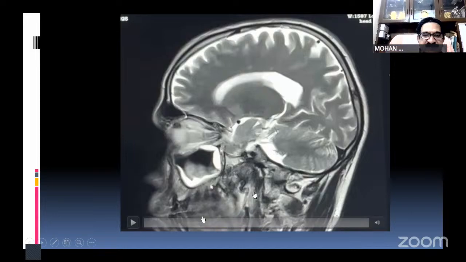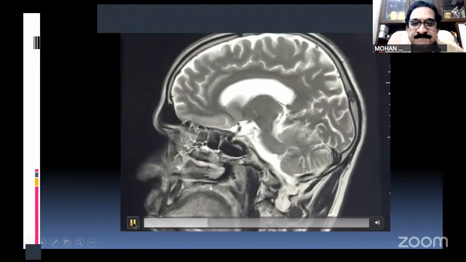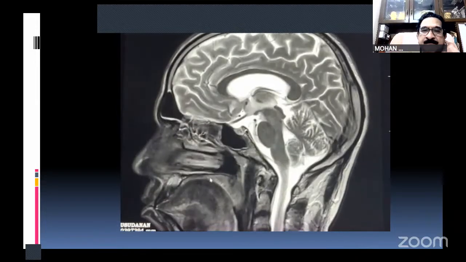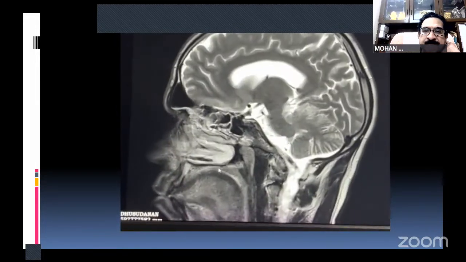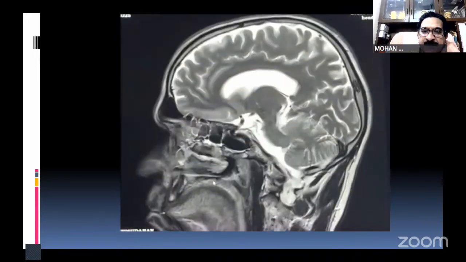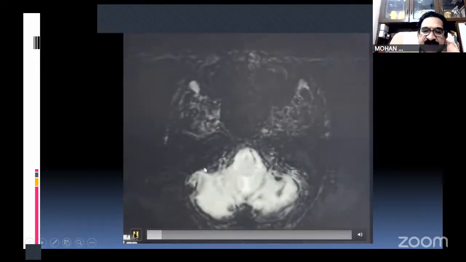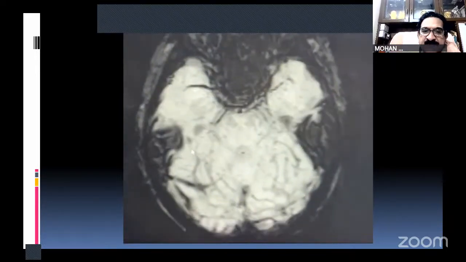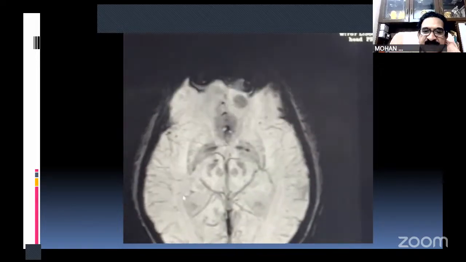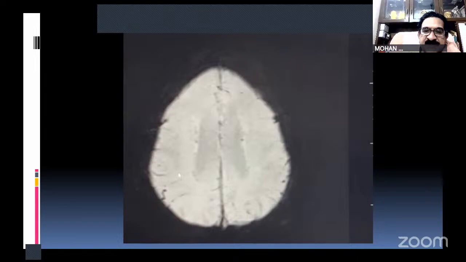This sagittal cut is not very contributing. This is the SWI to find any hemorrhage in the brainstem and all. There is no hemorrhage in the brainstem or anywhere to account for the superior oblique palsy.